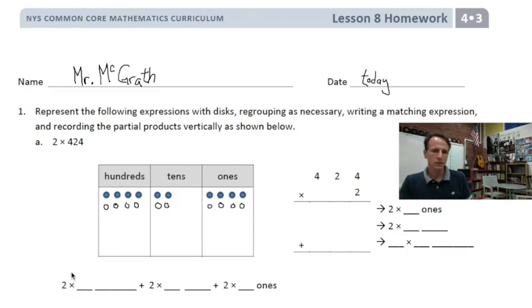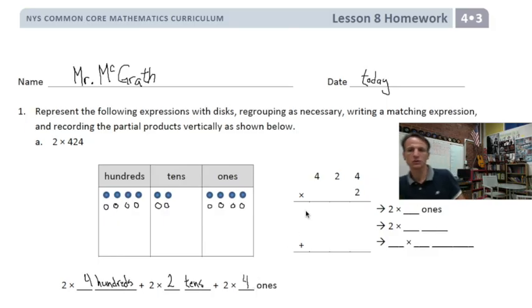And then, so what did we do here? We did 2 times 4 hundreds. And we're going to add to that 2 times, you got it right there, 2 tens. That's what we just did. And we'll add to that 2 times, yes, 4 ones.